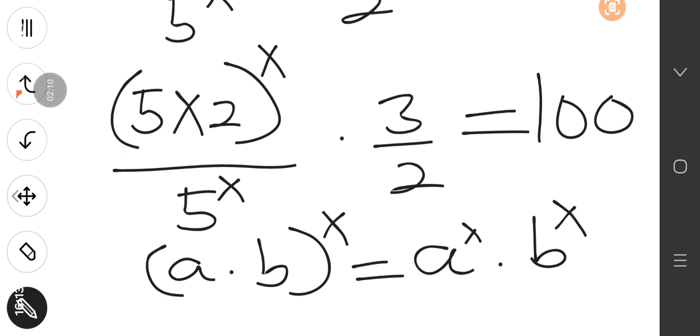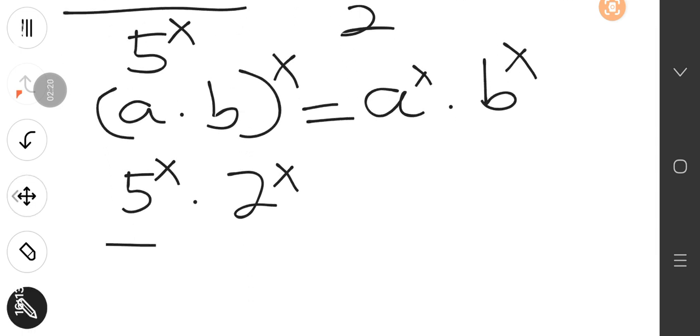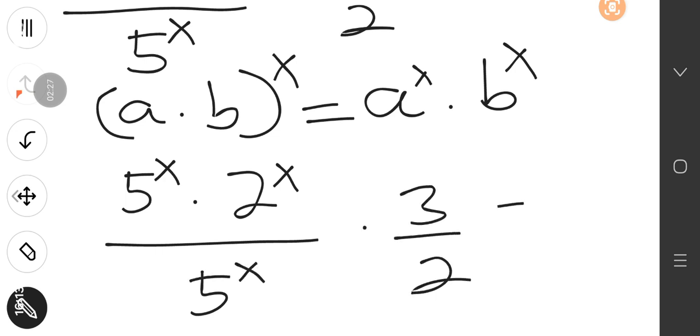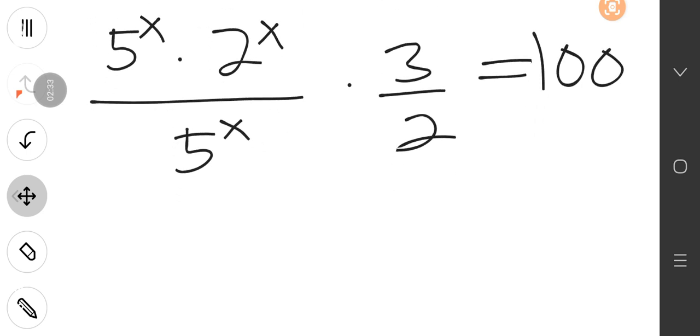We are going to have 5 exponent x times 2 exponent x, all over 5 exponent x, and then here we have 3 over 2 equals 100.